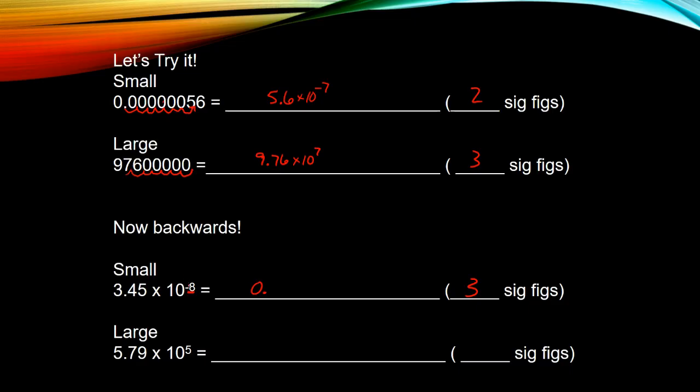And if it's 8, we need to move it 1, 2, 3, 4, 5, 6, 7, 8 spots. So there's our new decimal. And let's count the zeros. So 1, 2, 3, 4, 5, 6, 7 zeros. So it should be 7 zeros.